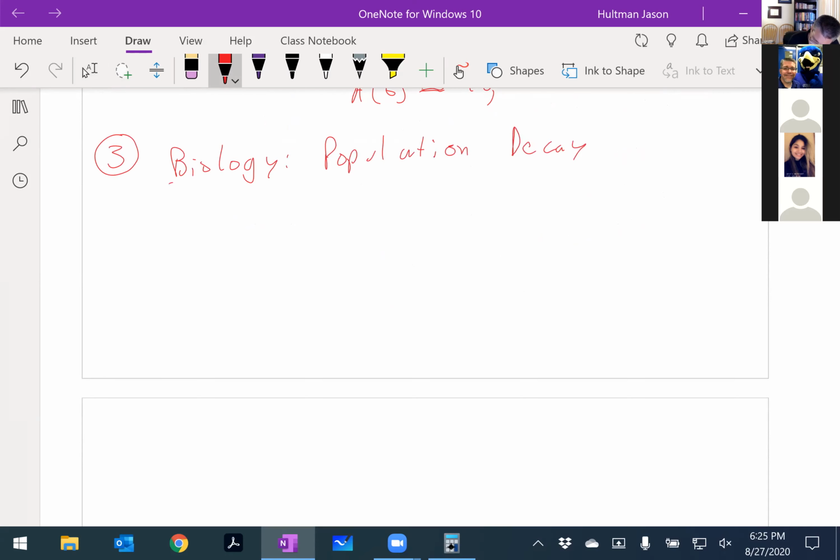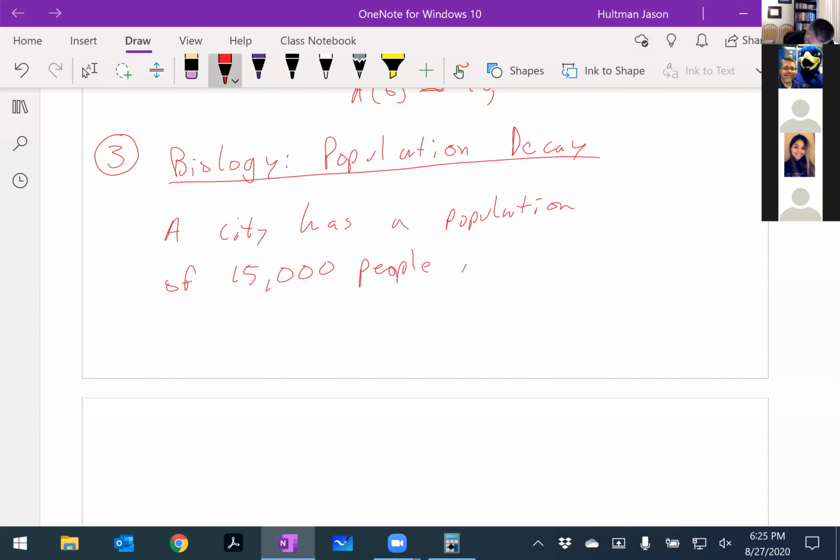The city has a population of 15,000 people in 2012.